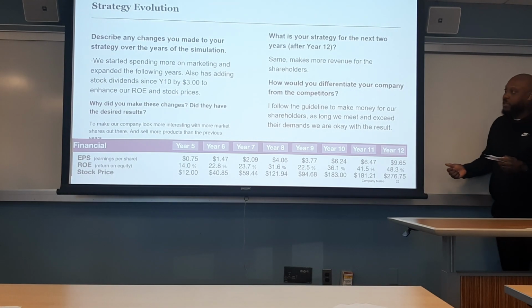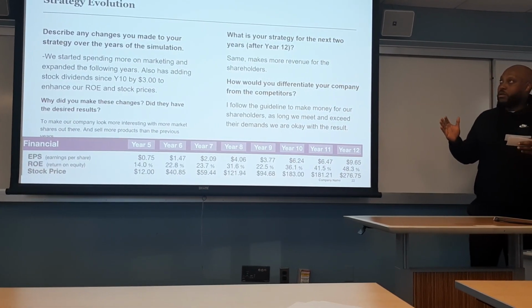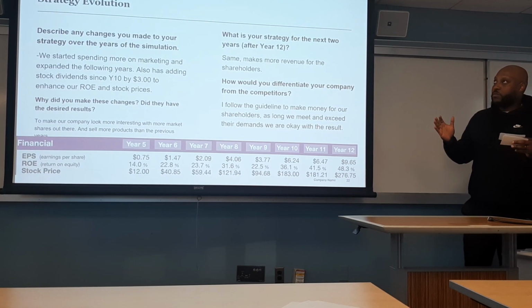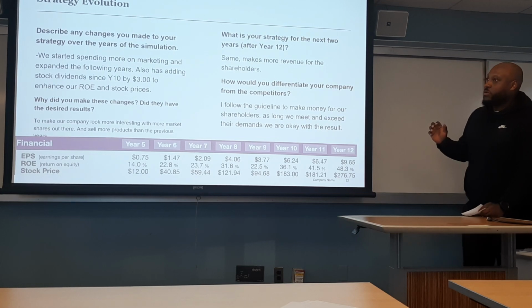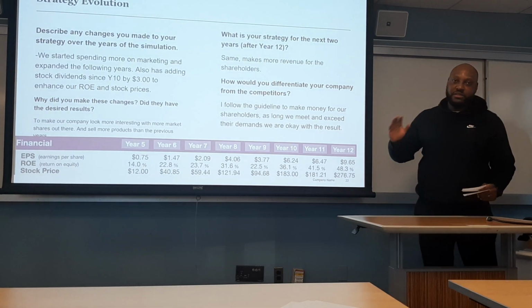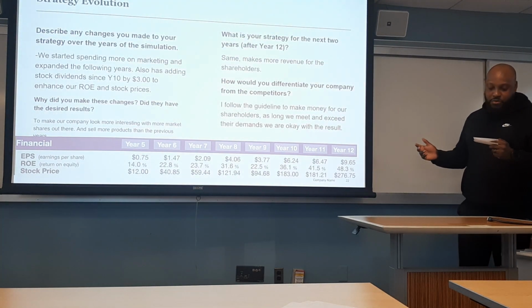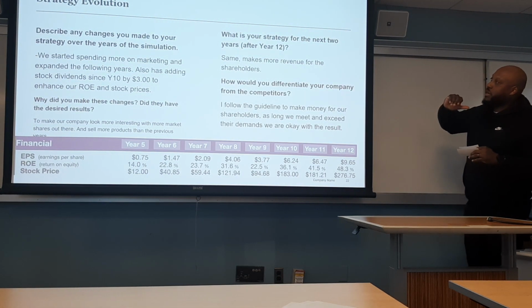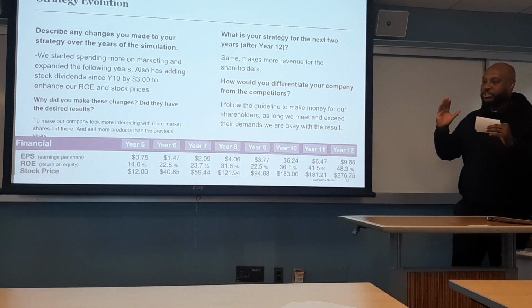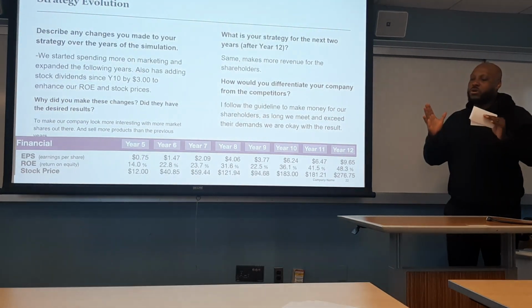And in the regions where the PQ rating and price were the same, we started putting more money into marketing and advertisement so we could sell. But we didn't do well in that. So we decided to make the dividend payout to our shareholders look more favorable.